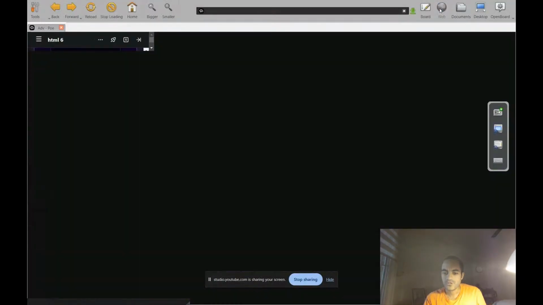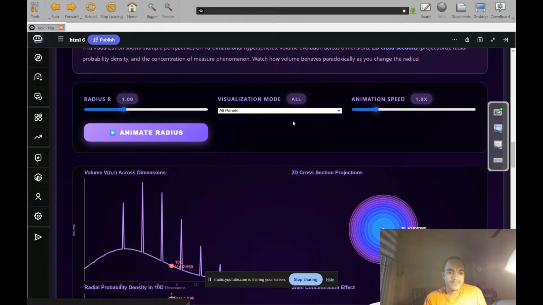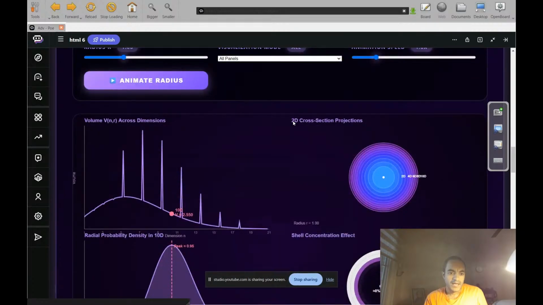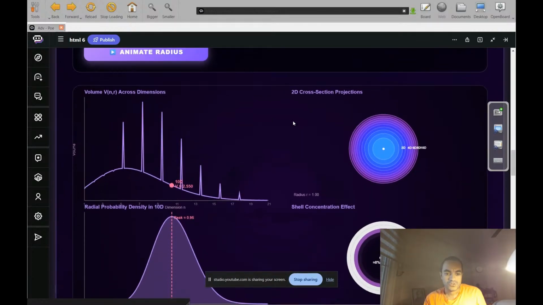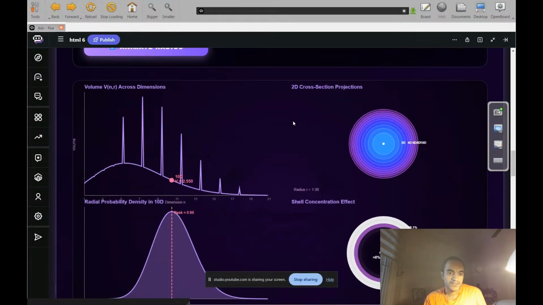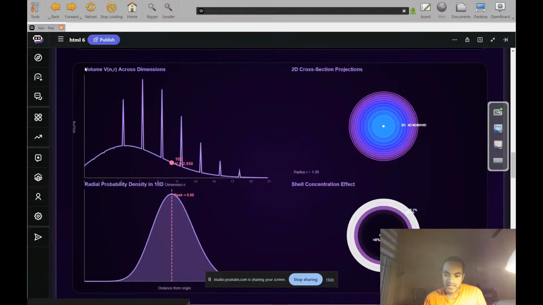All right, so if you look here, now we're going to look at it in a 2-dimensional projection. If we look at a graph, this will be relevant. I know it doesn't look relevant at the moment because we have a 10-dimensional sphere, the simulation that I brought up.